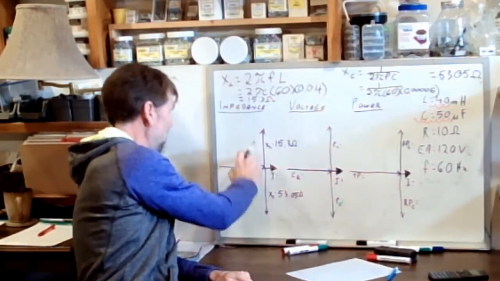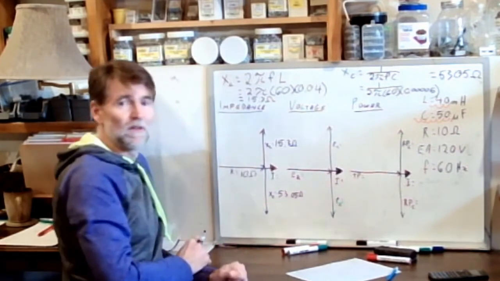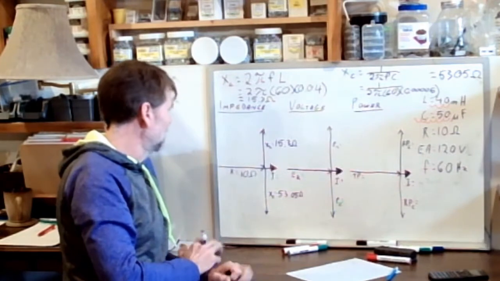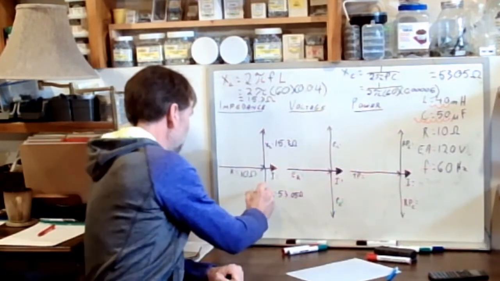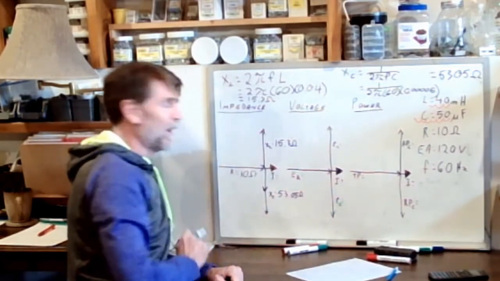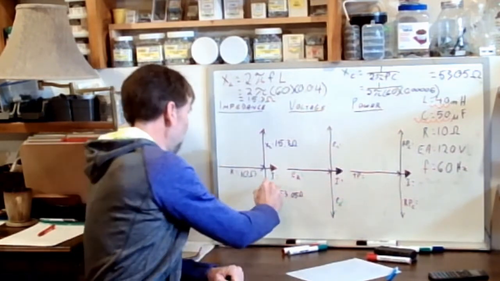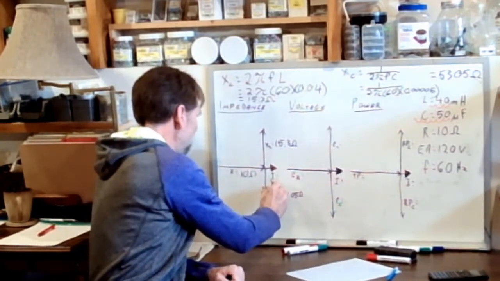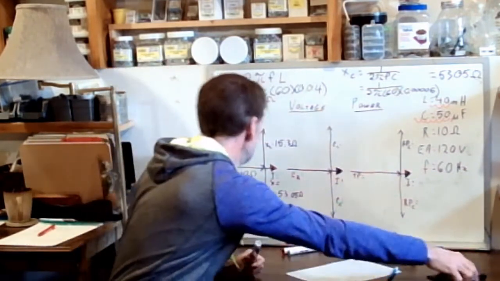Capacitive reactance as opposed to inductive reactance is what's going to be left over once we subtract these two vectors. So again, not anywhere close to scale, but I'm going to draw a vector right there. I'm going to call that vector x, and x equals the difference between these two vectors.